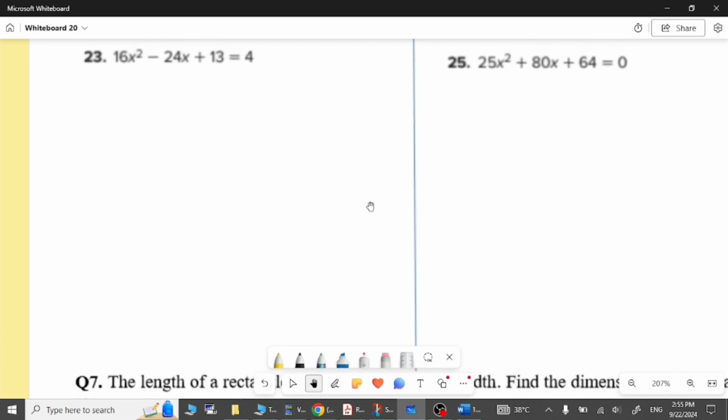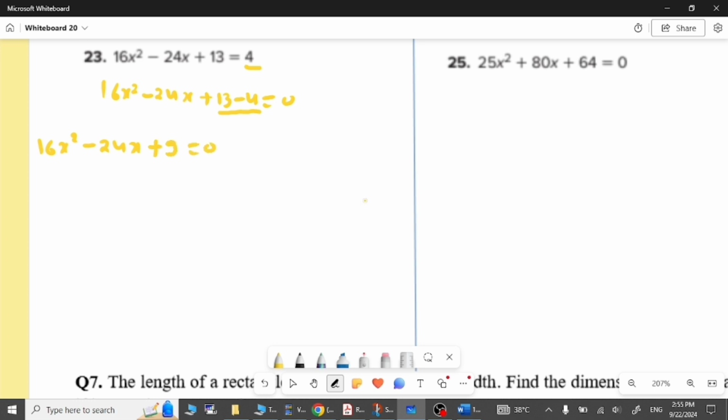Question number 23 and 24. Same way, make the right-hand side 0, so I can write 16x² − 24x + 13 − 4 = 0. Further solve it. So 13 − 4, you will be writing 16x² − 24x + 9 = 0.